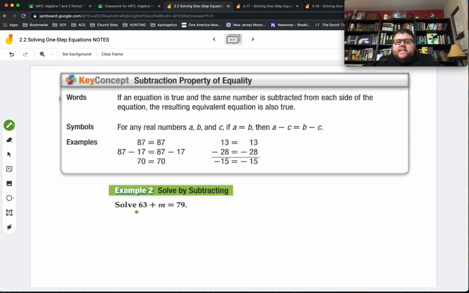Instead of adding 63, I'm going to subtract 63 from both sides. So the 63 minus 63 cancels out. I get m equals 79 minus 63, which is 16. M equals 16.